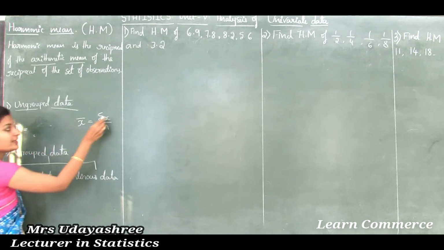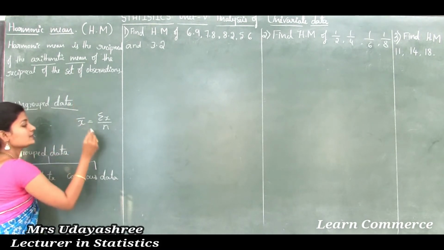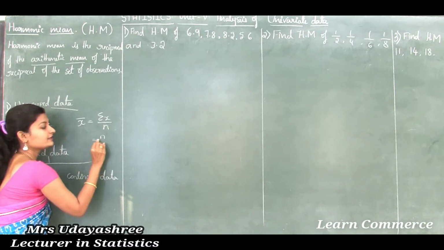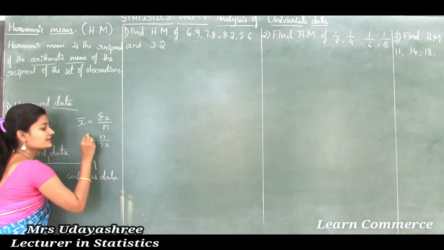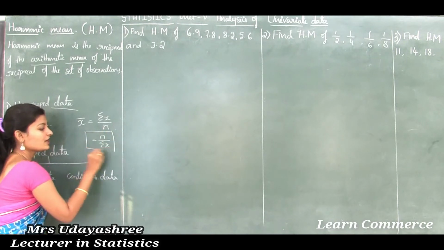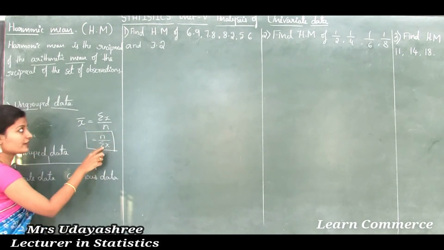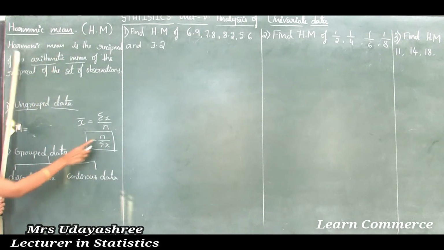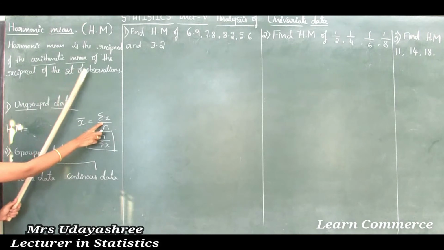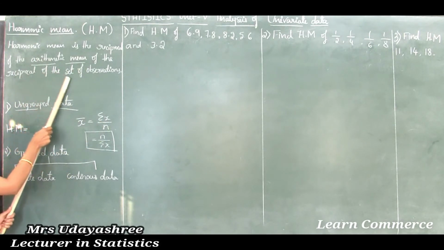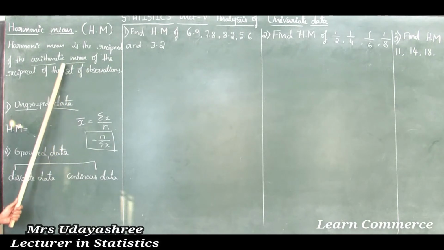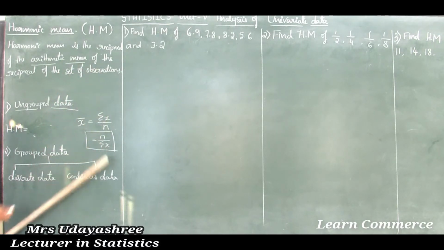So, how to write reciprocal of arithmetic mean? We need to write it upside down, that is n divided by summation x. This is the reciprocal of arithmetic mean. So, what is harmonic mean? Harmonic mean is the reciprocal of arithmetic mean of the reciprocal of the set of observations. We know that the set of observations is denoted by x.